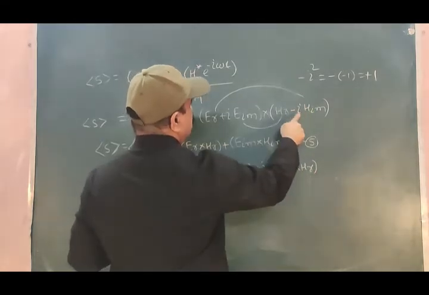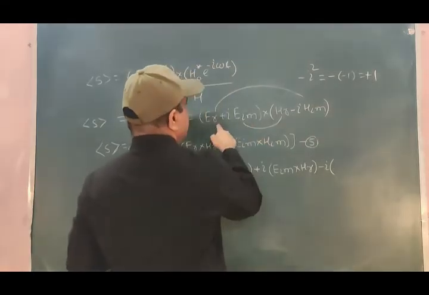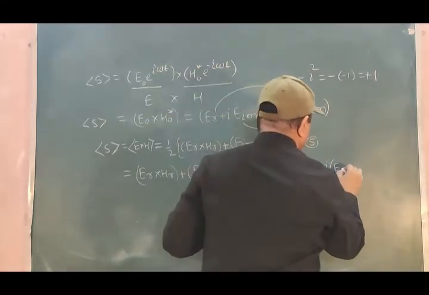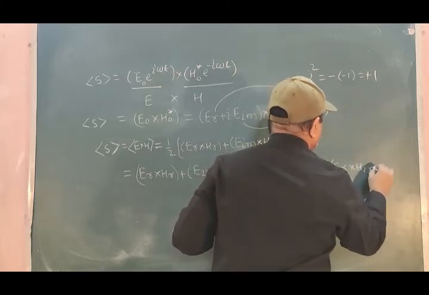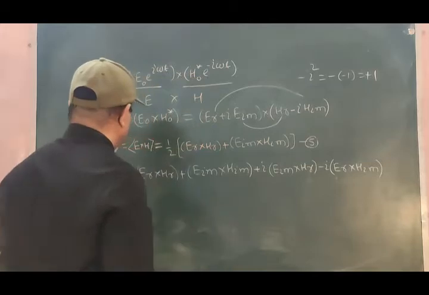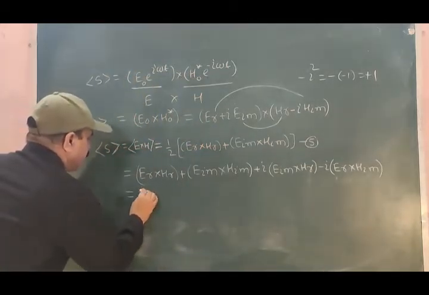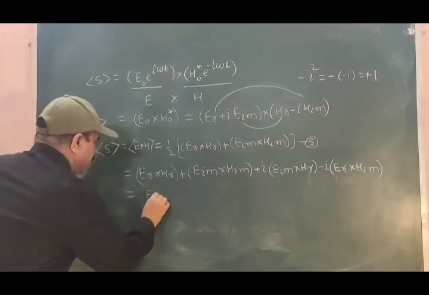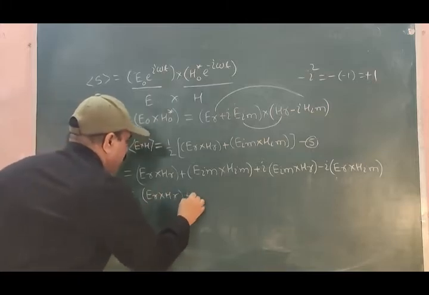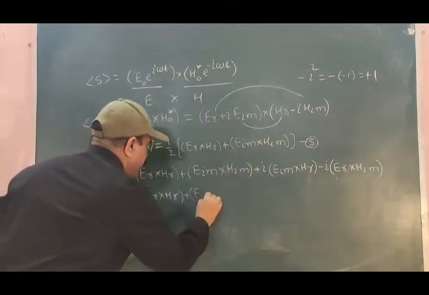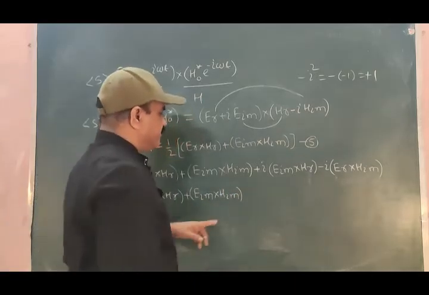Now of these two, minus i is there. Let me write minus i E_R cross H_IM, or this is for the E_R cross H_R plus E_IM cross H_IM.